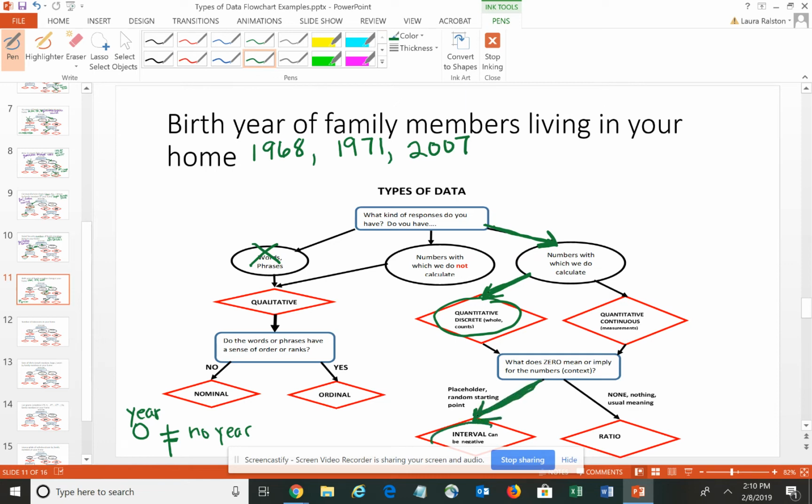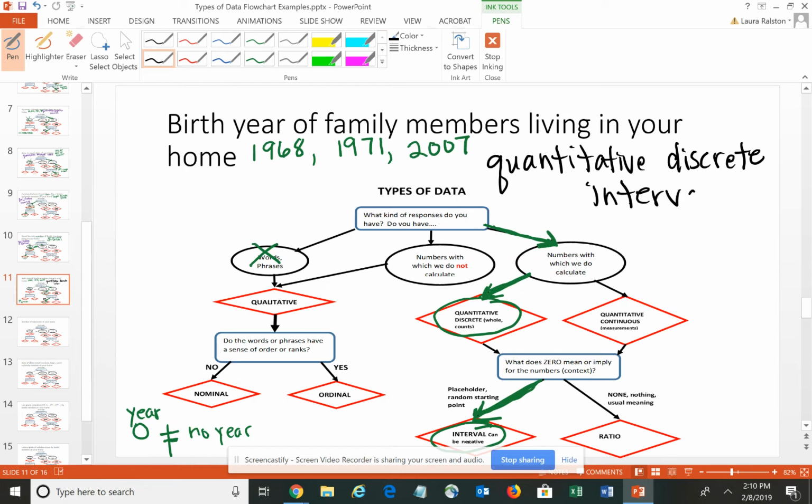So we're at the interval level of measurement, and that's typically true of most dates or years. It's going to be quantitative. It is discrete. Years are usually stated in terms of whole numbers, and it's at the interval level of measurement.